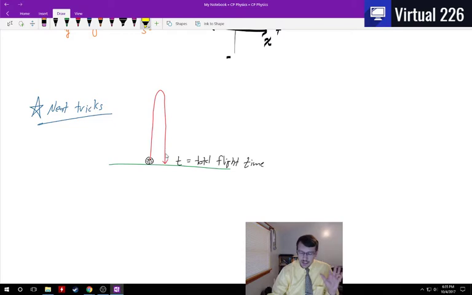And in the absence of air resistance, this symmetry allows us to do a few different things here. At the very tippy top, when your velocity is 0, you have traveled through half of the total distance. This is half of the flight time.